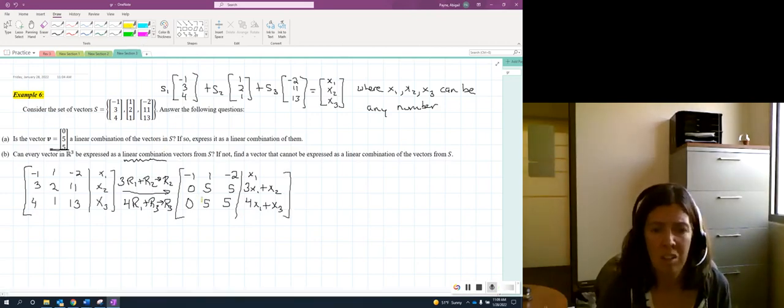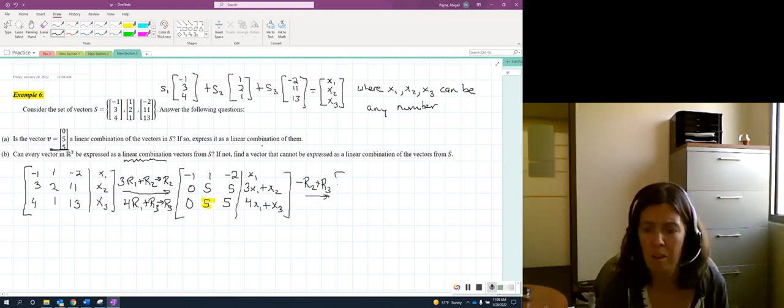Now, to get a 0 in this position here, we could do negative row 2 plus row 3. So I'm copying the other rows first.